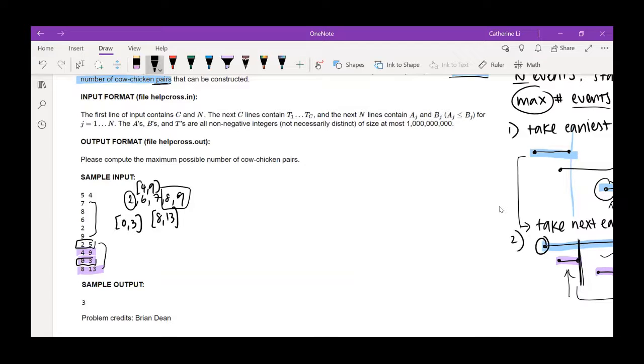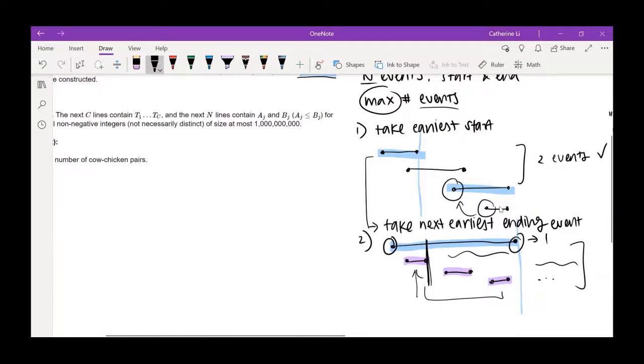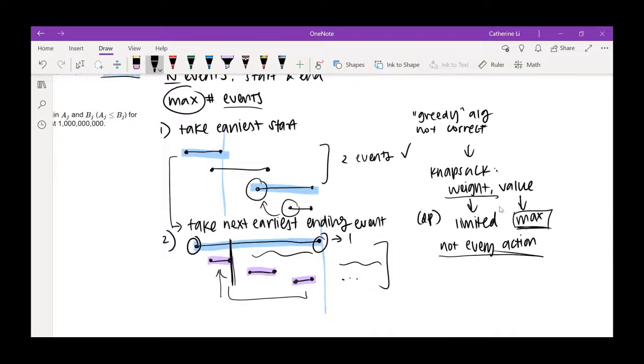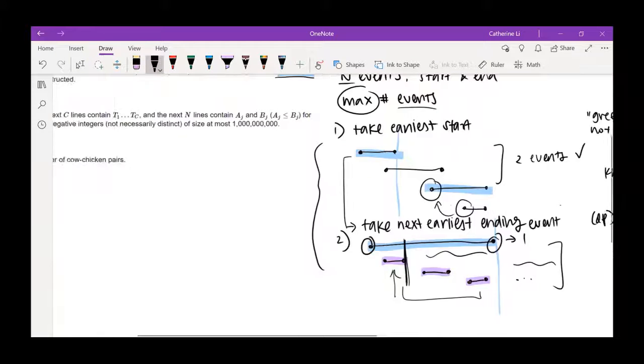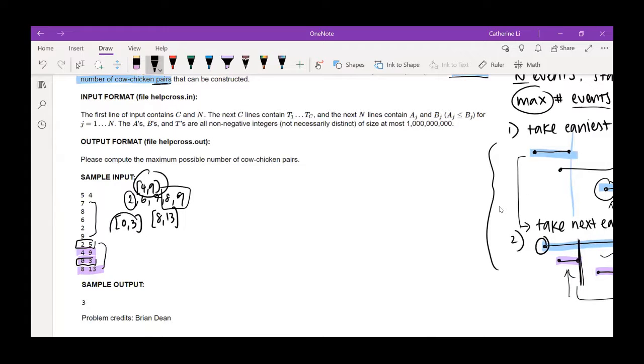The samples weren't super instructive, but the basic idea of this problem is summarized in the scheduling problem. So this would give us 1, 2, 3 as our answer. That was it. Thank you.